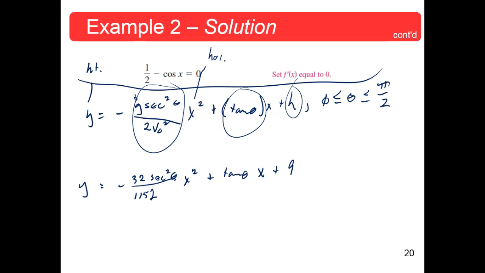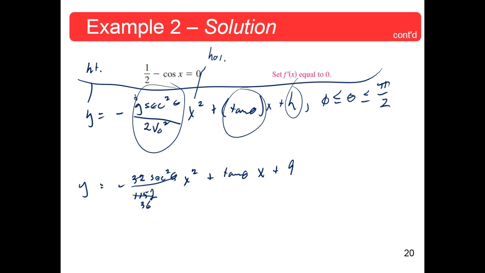Let's first divide 32 into 1152 and see what we get. 36, you said? Yes, 1 over 36.